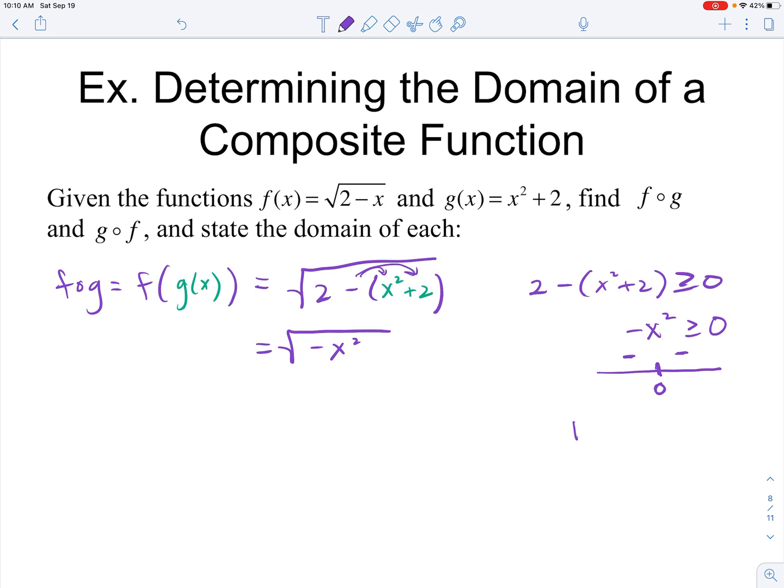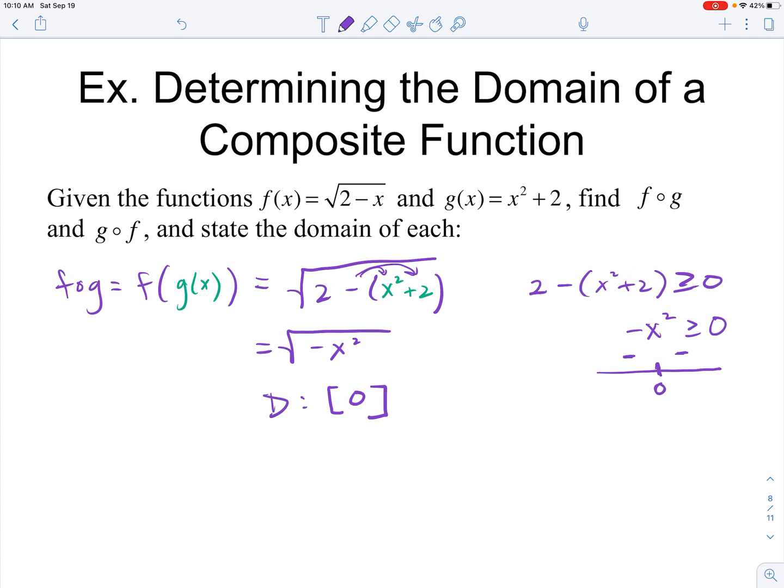So the domain of f composed with g is actually just 0, a single point. The graph would literally, if you typed the equation in for f composed with g, only be at the point 0, 0.